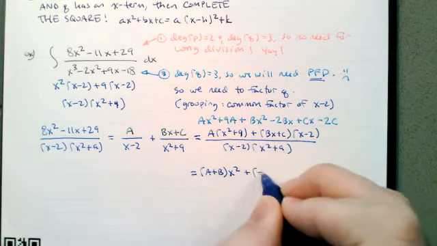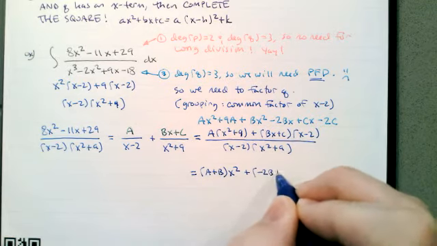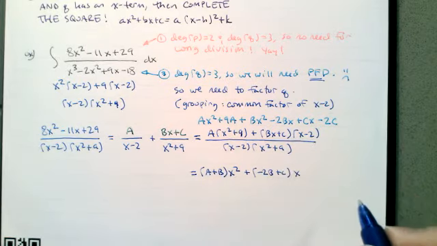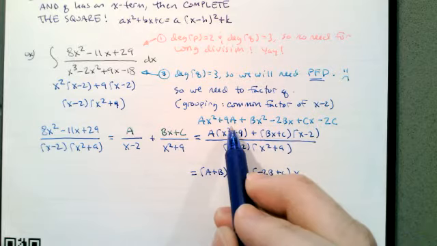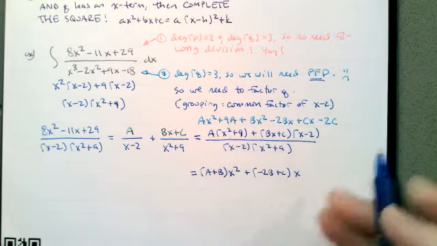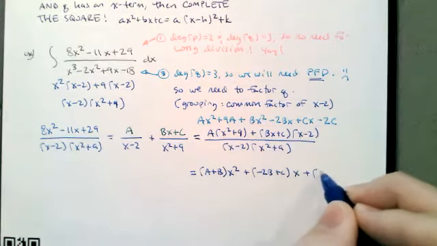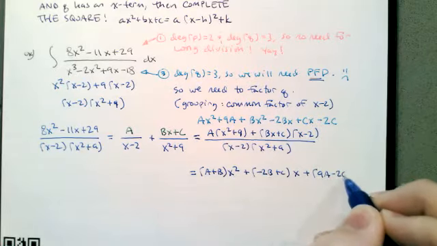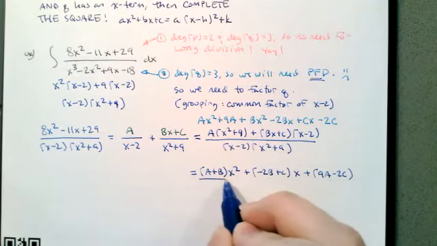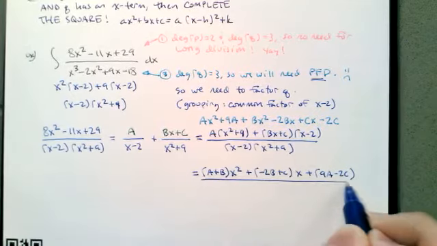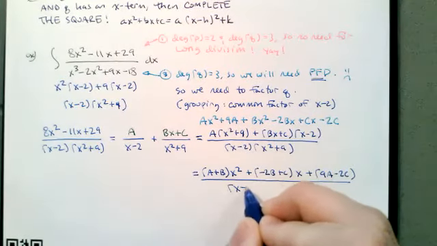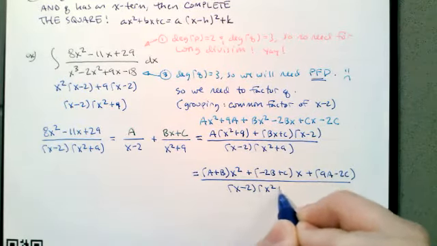So plus minus 2b plus c times x. And my constant is 9a minus 2c. And my denominator is still x minus 2 times x squared plus 9.